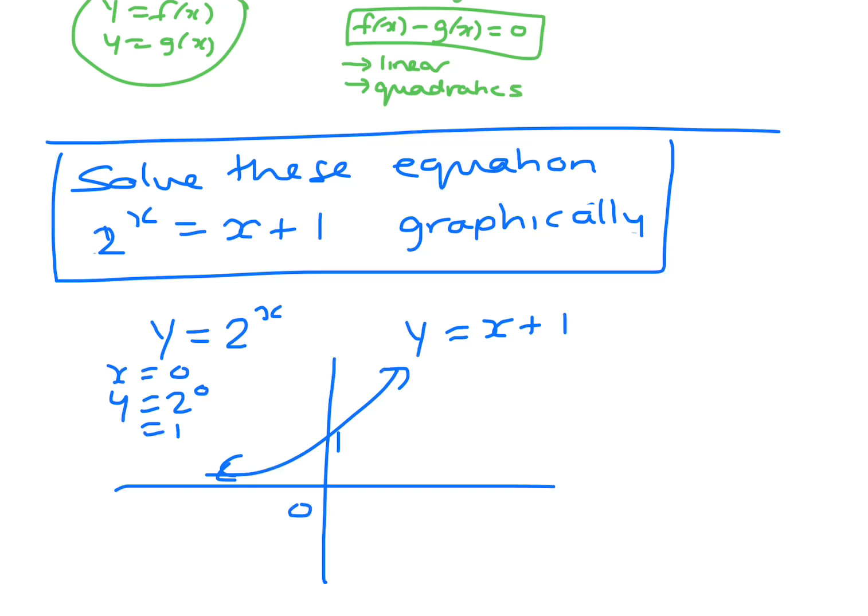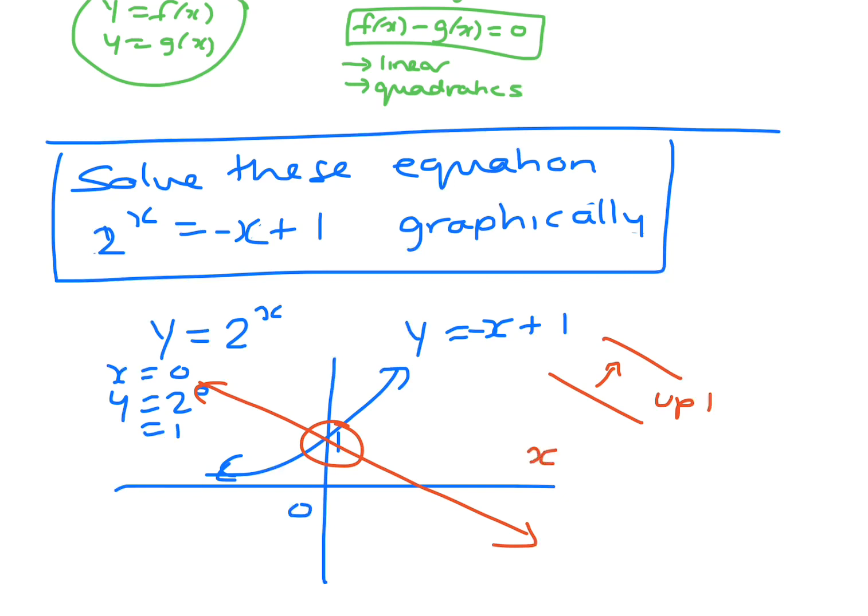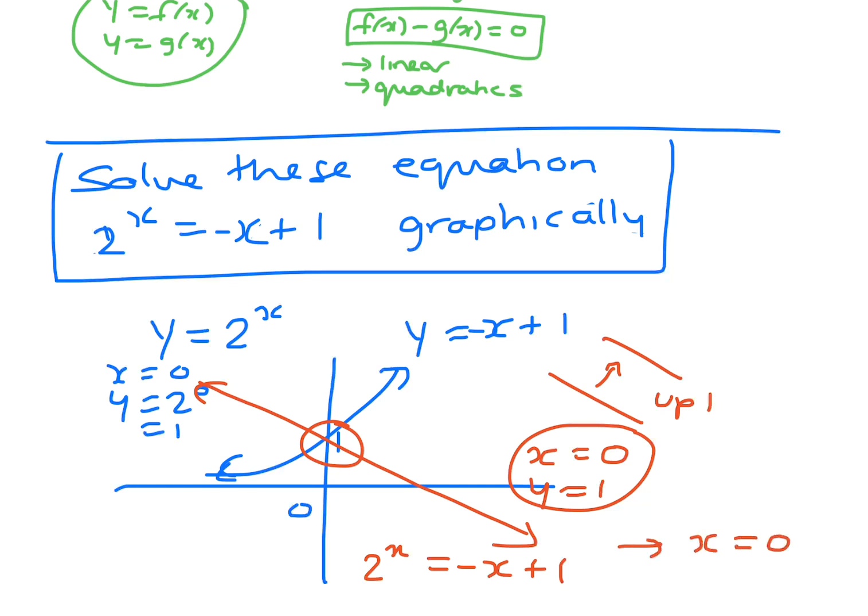Now I'm going to actually make that minus x plus 1, because it will serve the purpose of what I want to show you, and it'll make it really nice and easy. So if you sketch y equals minus x plus 1, minus x has to go down there at 45 degrees, and then you've got to move it up 1. So it'll look like that. Then can you see that where it actually intersects will be when x equals 0 and y equals 1. So the actual solution to this equation will be x equals 0.